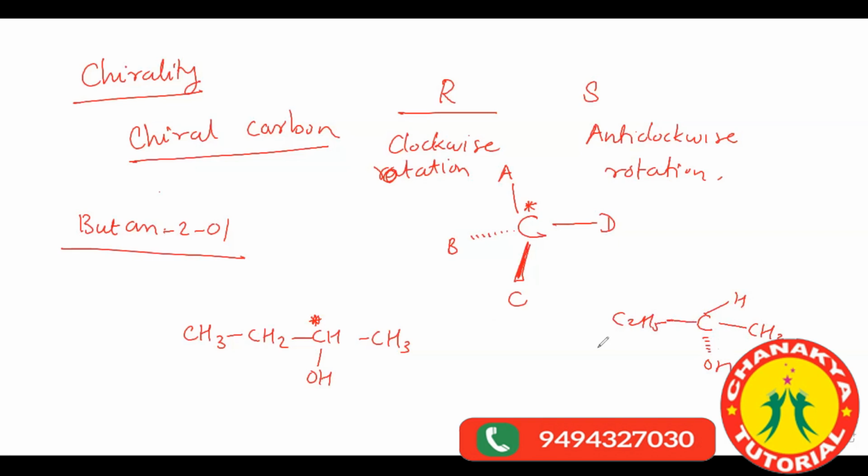So this carbon atom is attached to four different groups: 1, 2, 3, and 4. These four groups are different from each other, and hence this carbon atom is chiral in nature. So the carbon atom attached to four different groups is called a chiral carbon atom. Understood?